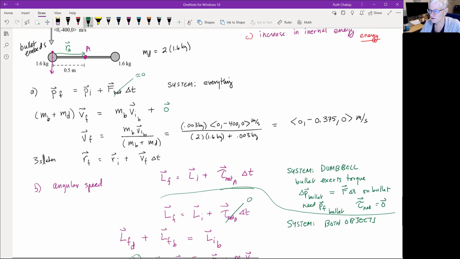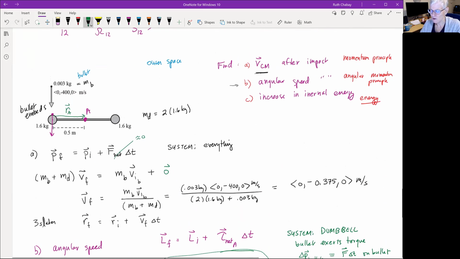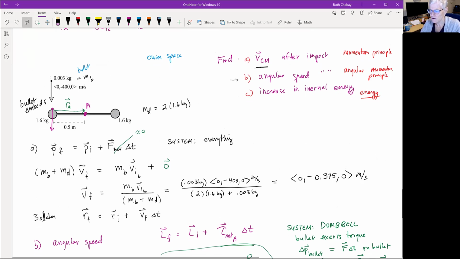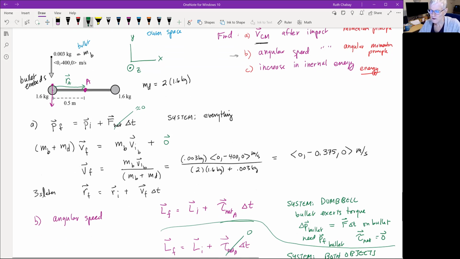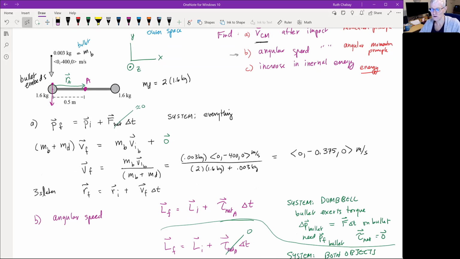Before we do this, though, let's see if we can actually take only one component. So let's look at directions. If we use the usual coordinate system here where we've got x, y, and z coming directly out at us, what's the direction of the translational angular momentum of the bullet just before it hits the dumbbell?